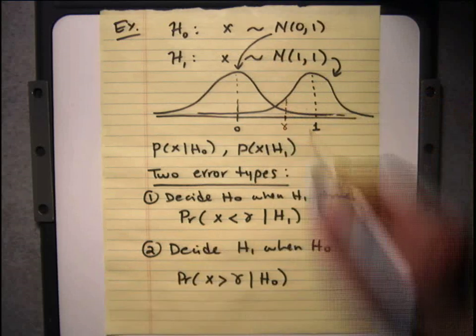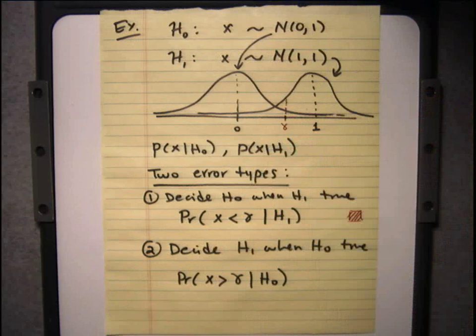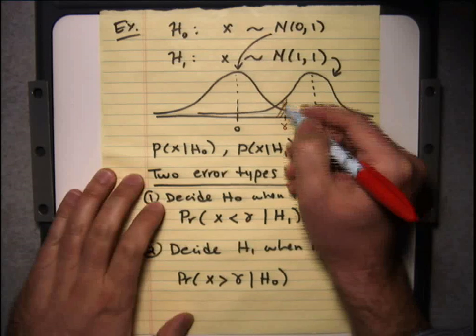What is the probability that x is less than gamma? It is the area under this curve to the left of gamma. Anybody not agree with that? Okay. So that's this guy.